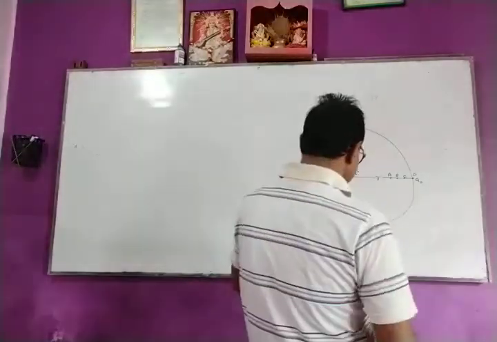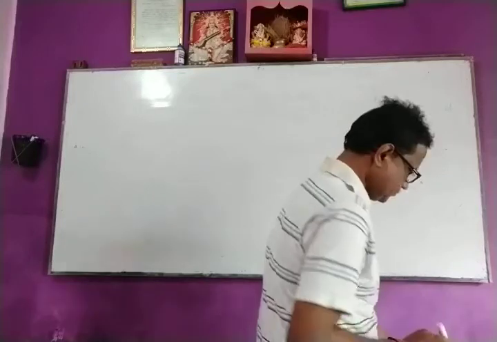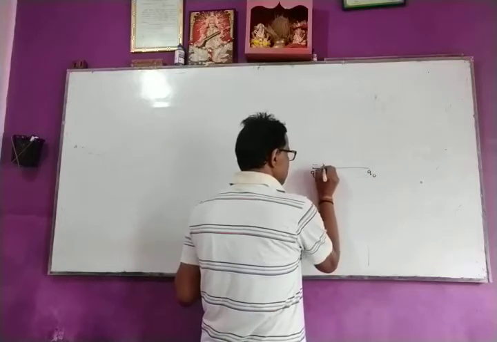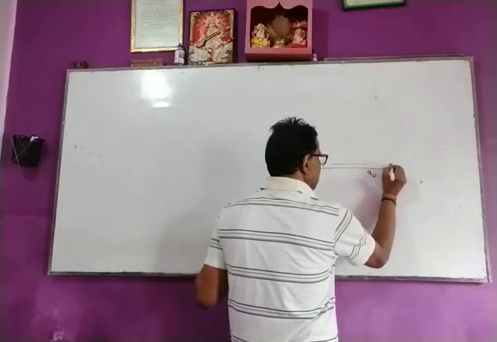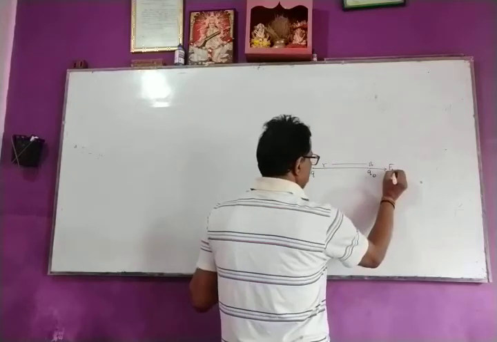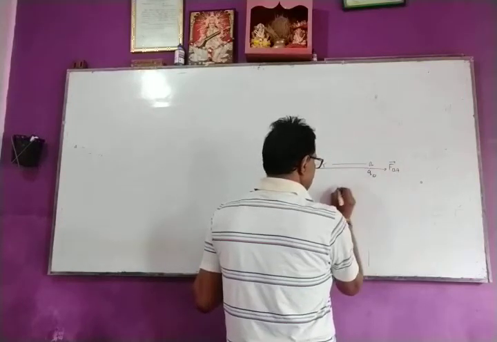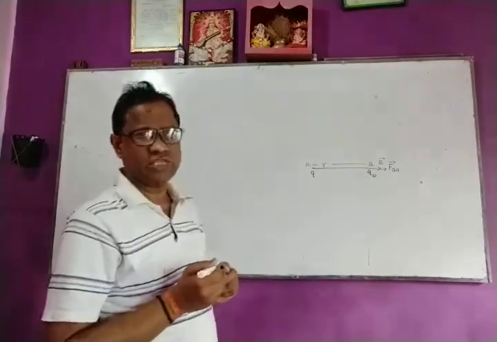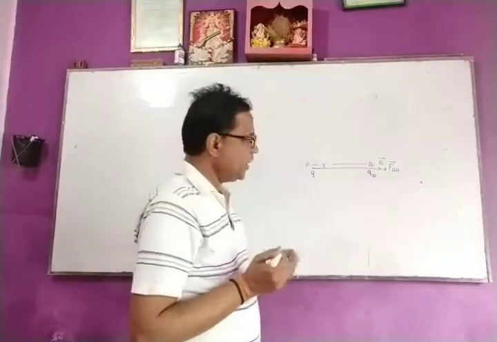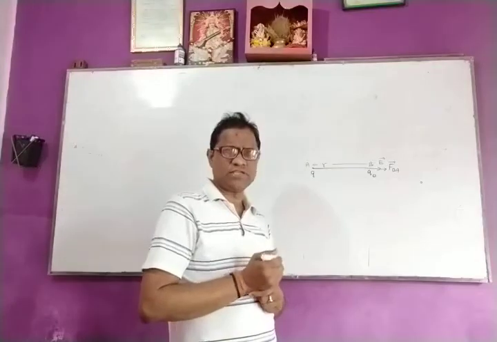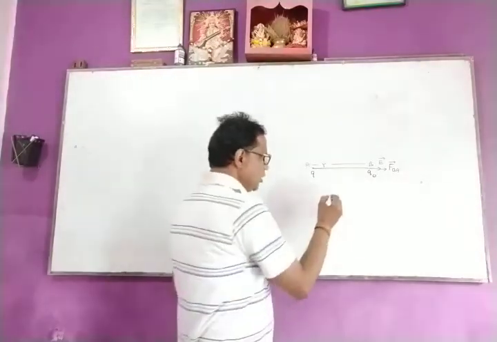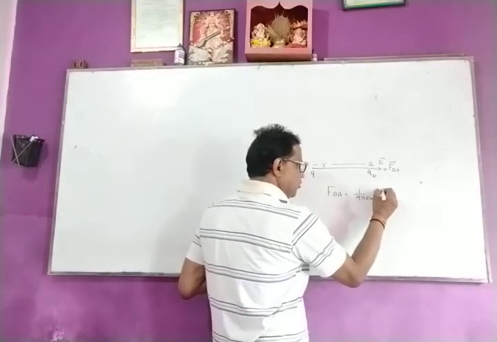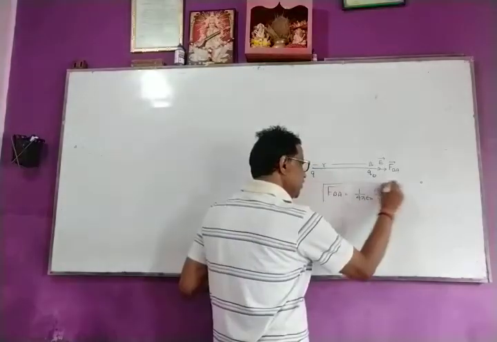If there are two charges, Q and Q naught, separated at a distance r, the electrostatic force between them according to Coulomb's law is F_BA equal to 1 by 4 pi epsilon naught, Q Q naught by r square.